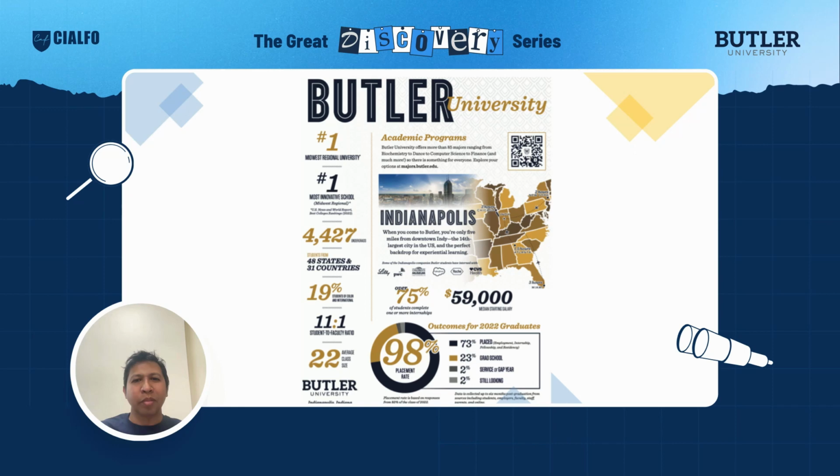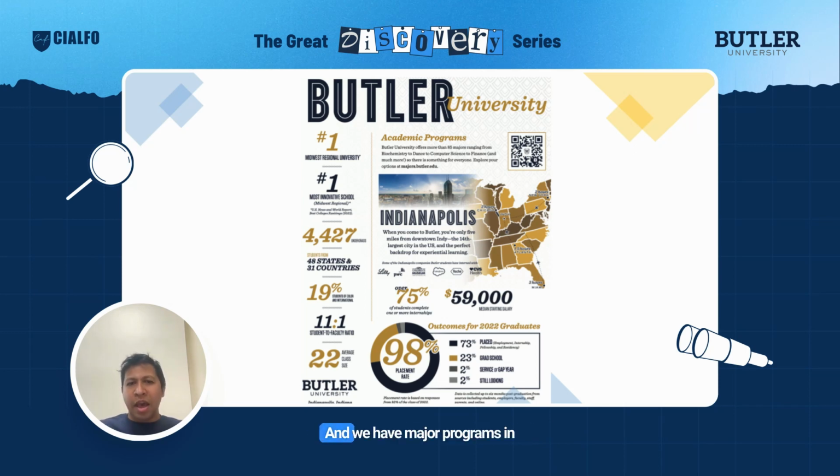Okay. And why Butler? It's currently ranked number 1, and I think it's been number 1 for the last 3 years in the ranking category of Midwest Regional University. It also ranked as number 1 for most innovative school. We are a small school compared to many other big public schools, so roughly 4,500 students. And since we have a small class size that is really preferred and appreciated by most of our students, our class size is fixed at 25.